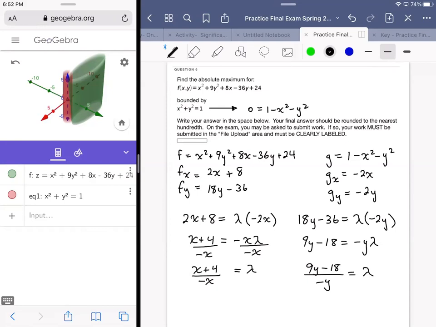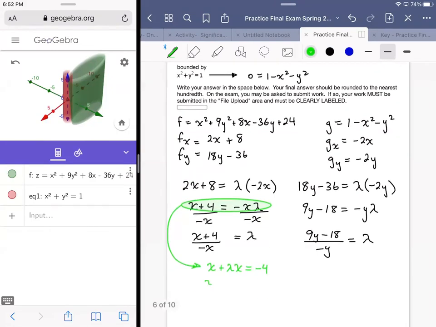You'd have to do some more algebra, which we can handle, but you could also try, let me just show you real quick, the GCF route, which is to say, you take this, you write it as x plus x lambda, well, I'll write it as lambda x, is equal to negative 4, then factor out an x and see where that gets.